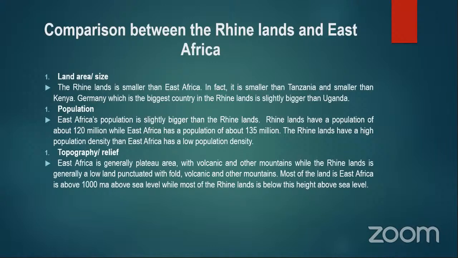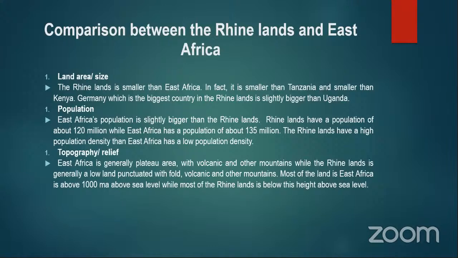A flat top. So we are saying East Africa is generally a plateau area with volcanic and other mountains, while the Rhinelands is generally a lowland punctuated with fold and volcanic mountains.